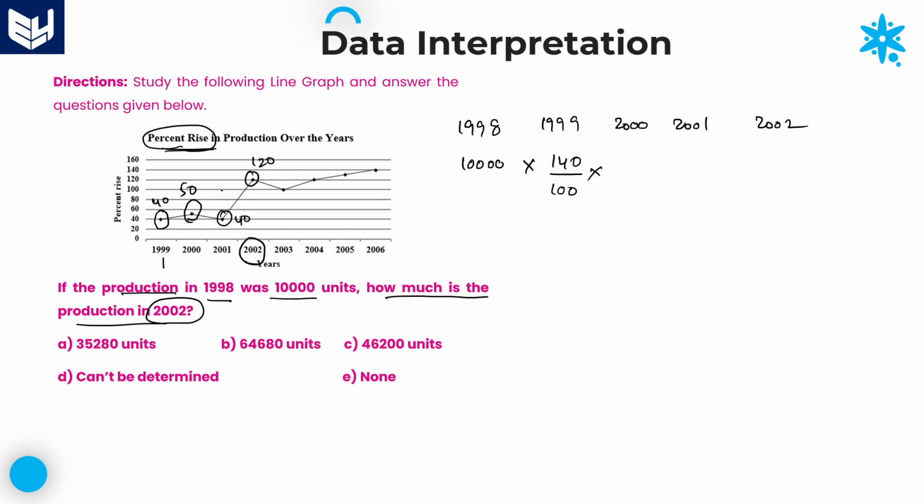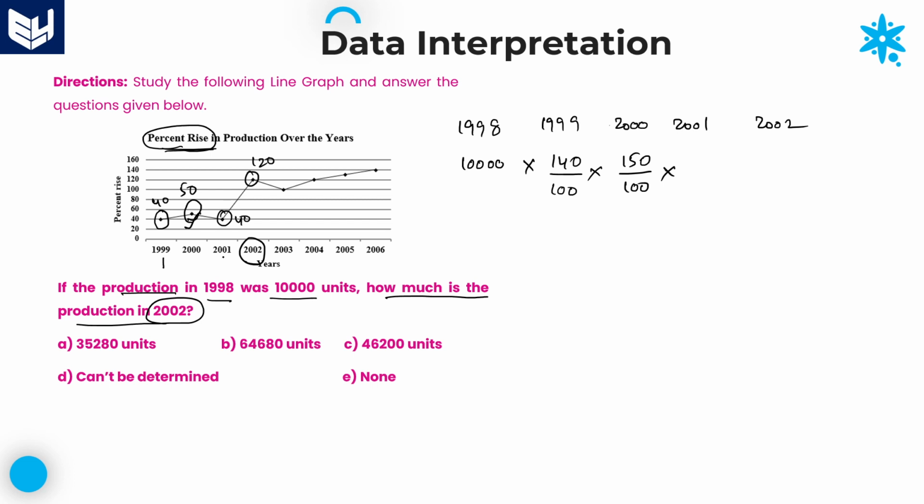Okay. Now we need to take it up to 2002. So first, the 99 value is increased by 40 percent. The 2000 value is increased by 50 percent, so into 150 by 100. Every year the values increase compared with the previous year. You should not take 140 plus 50 as 190. Every time you need to compare with 100 only.